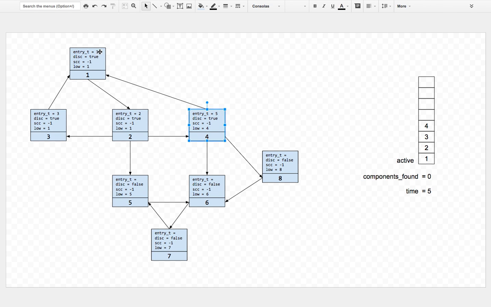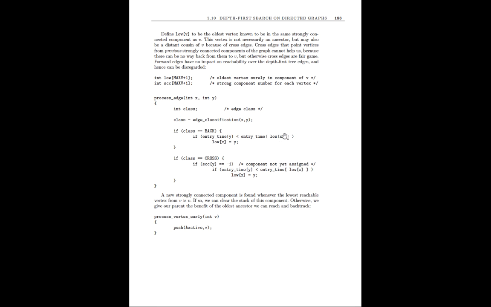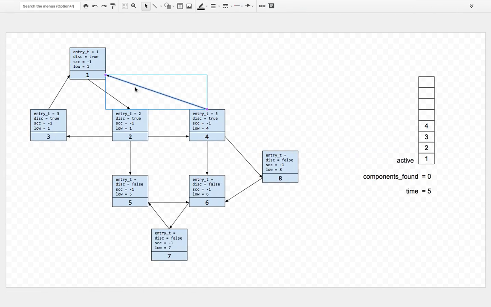And that's more than the entry time for 1, the vertex to which our back edge points. So this condition evaluates to true, and we set low for our current vertex x, which is vertex 4, to be equal to 1, which is the vertex toward which this edge points.